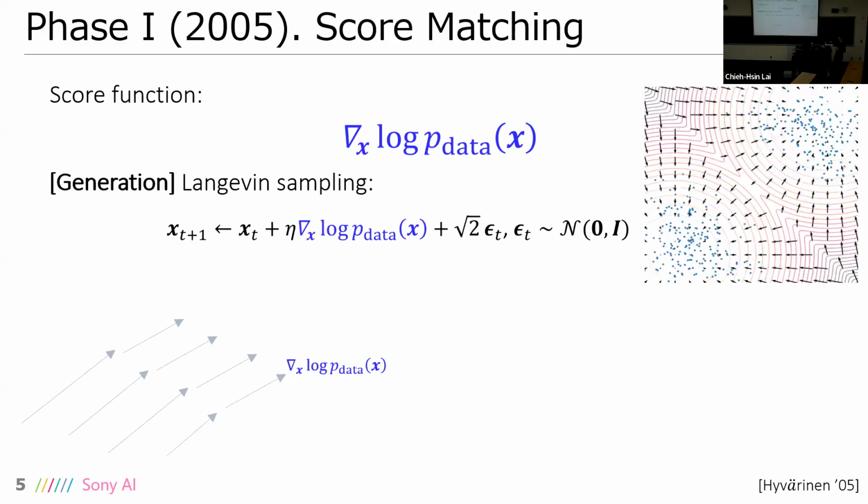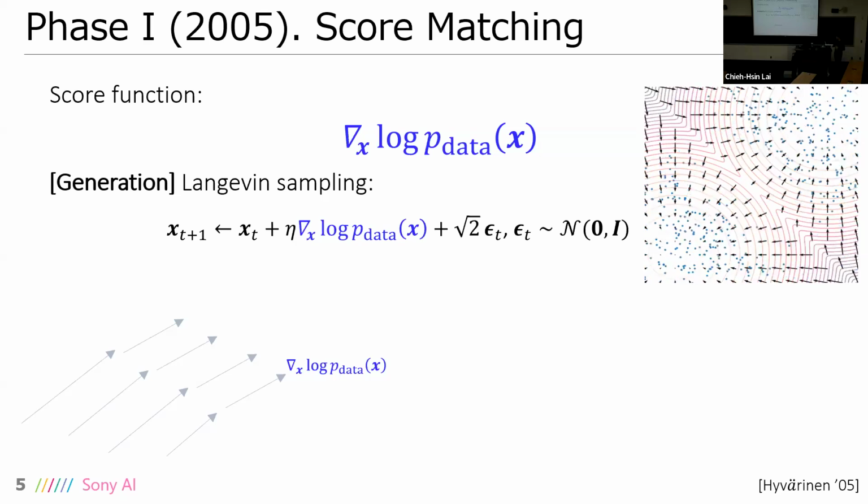Because this tells us how to move toward the high density region, by updating step by step we can get new samples if we start from a random initialization. Here is an illustration: originally we initialize randomly and then do this kind of movement step by step. The score tells us how to move toward the high density region, and eventually you will get the generation of the two Gaussian modes.